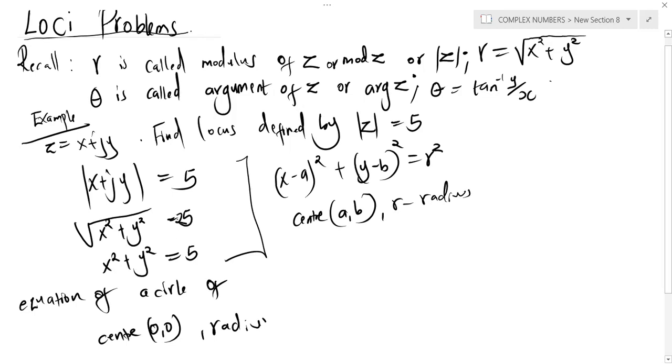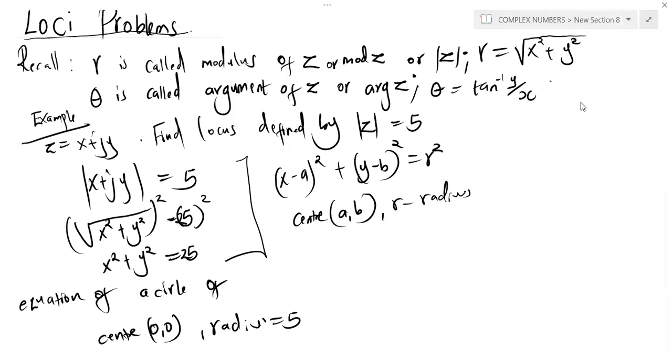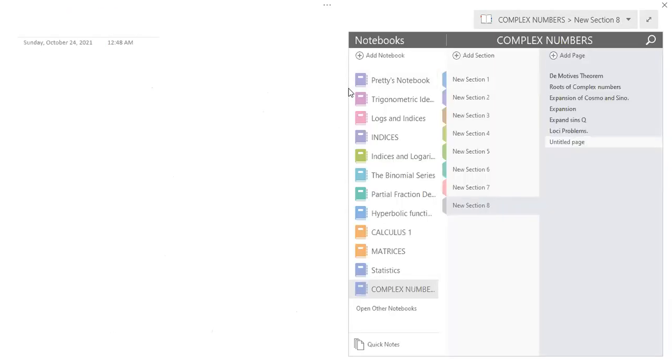If we square this side and square this side as well, we'll get 25 here. So the radius r will be equal to 5. Okay, let's take up another example of loci.